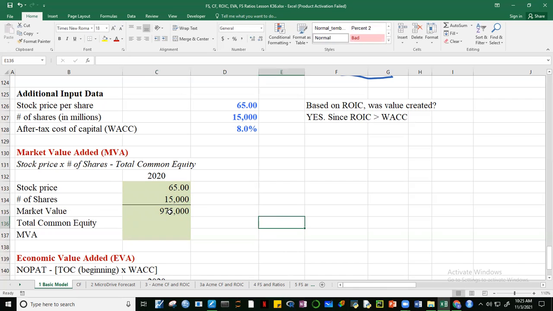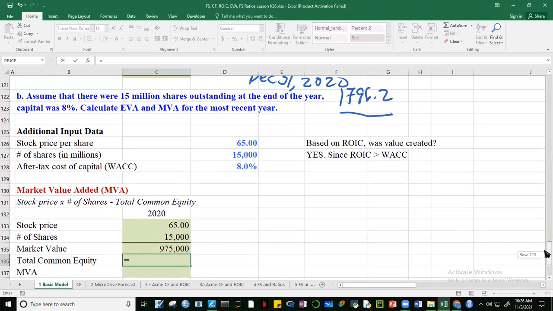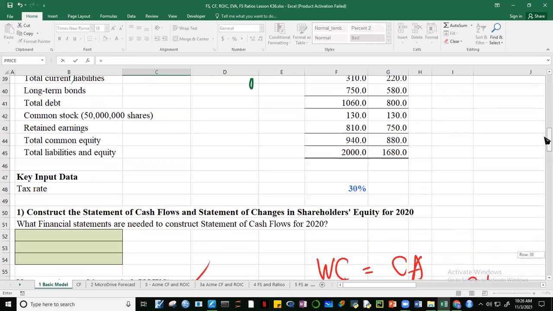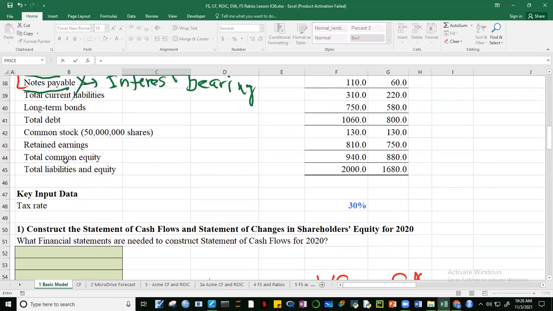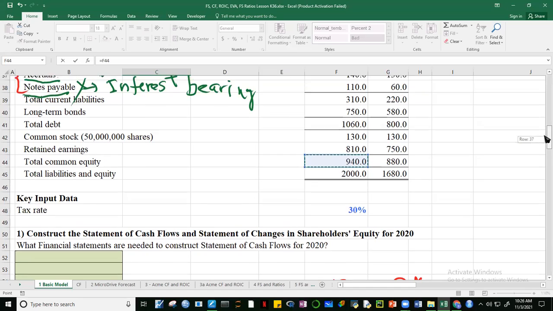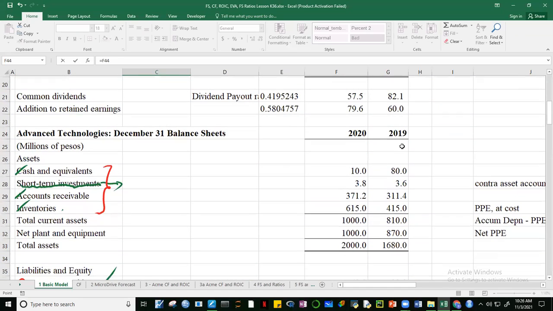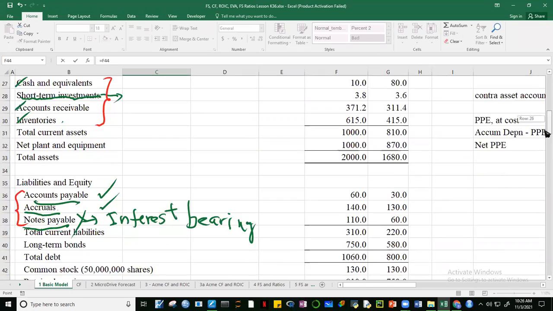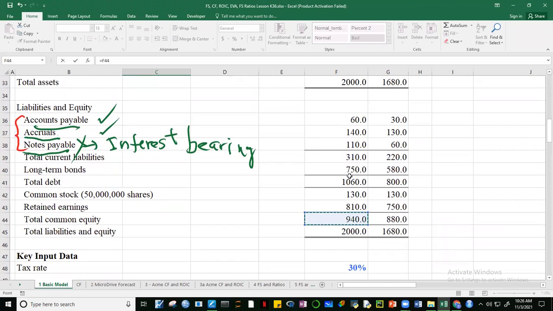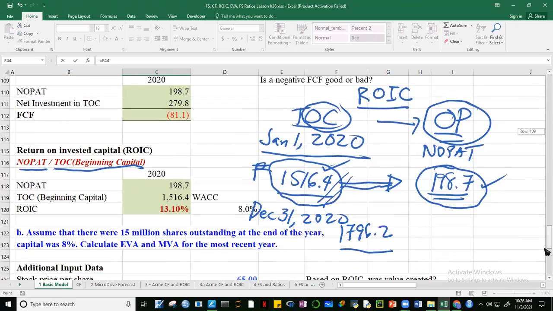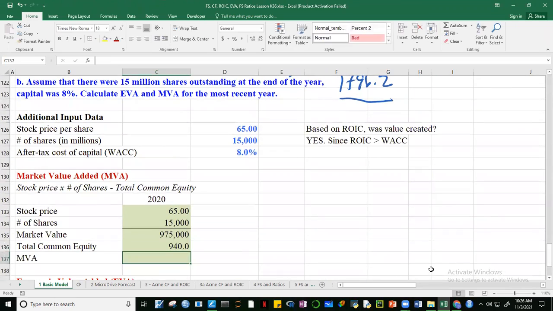Okay, so this is the market value. And then we're going to subtract and compare it with the book value. So how much is the book value, guys? We take a look at the balance sheet here. Total common equity for 2020, it's 940. There, 2020, guys, total common equity, which includes your common stock plus your retained earnings.